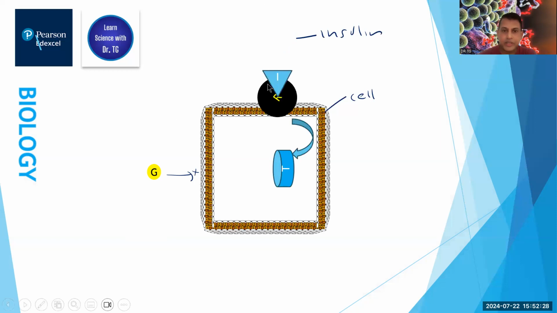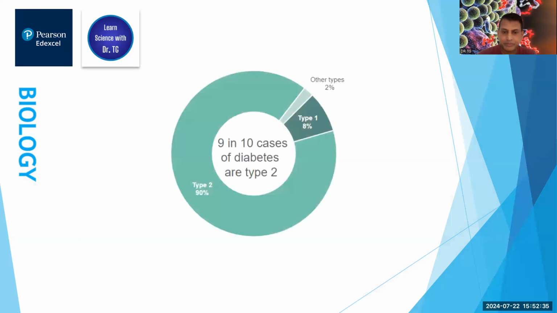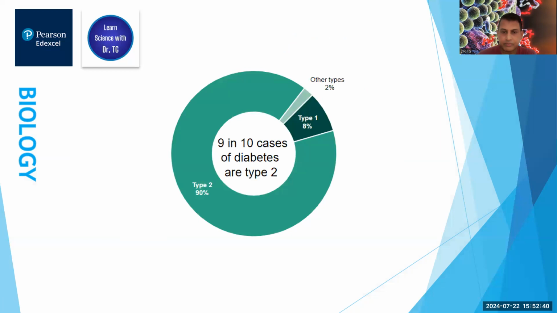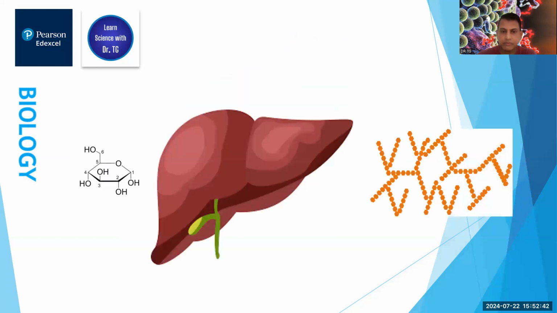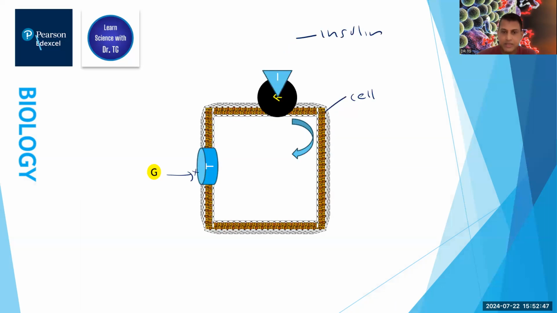So here, insulin binds to the receptor. After insulin binds to the receptor, then there is a cascade of events.